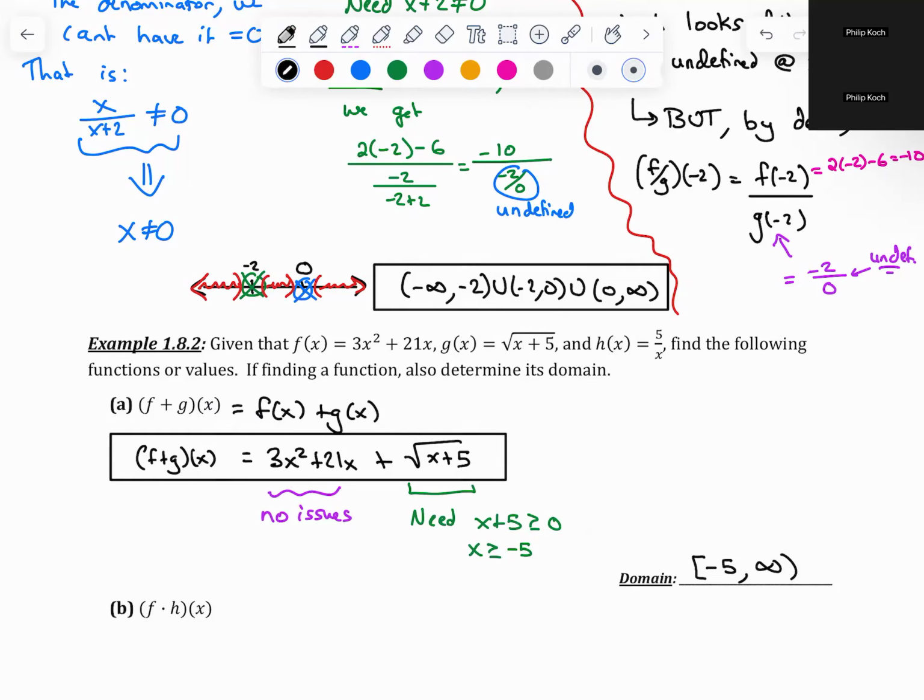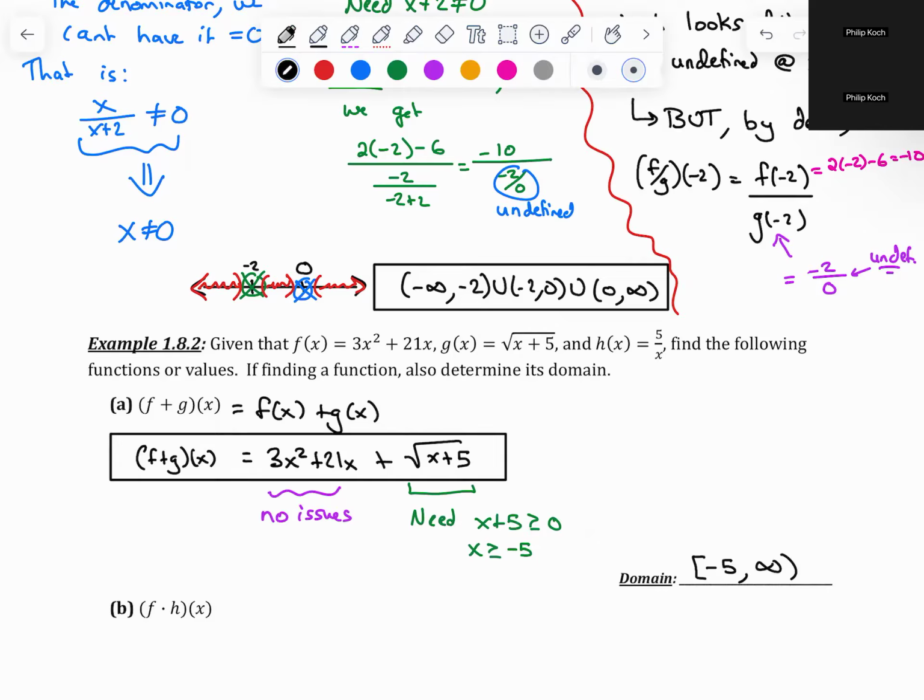It's a positive thing because it was initially a positive number. Yeah, you need the inside to be positive. Otherwise, you need those numbers to be larger than -5. Okay, this is the square root of x plus 5. That's not how it is. It's coming from the inequality that you've created.